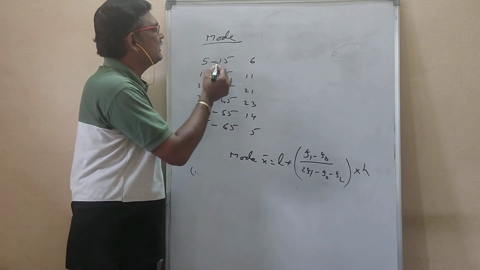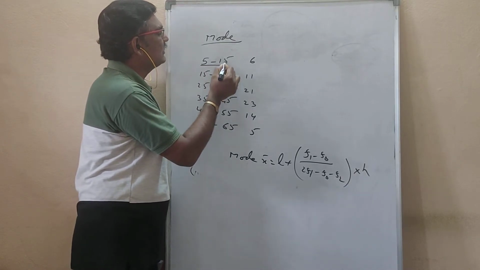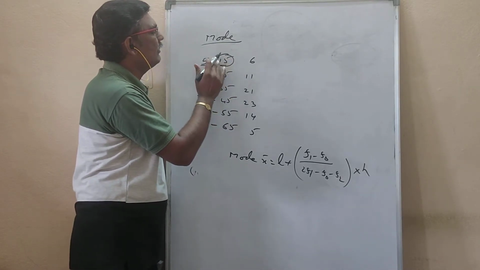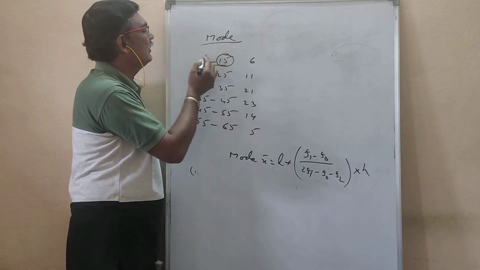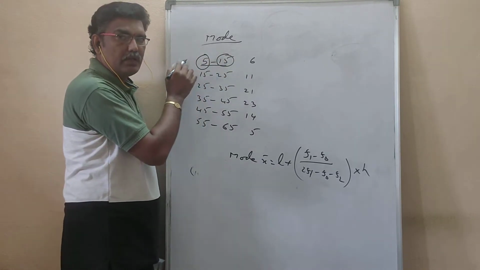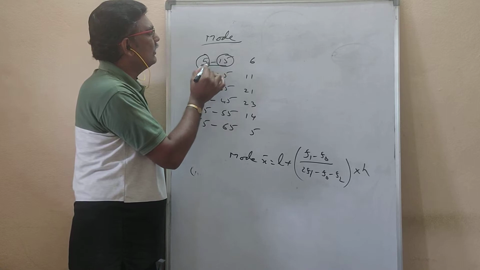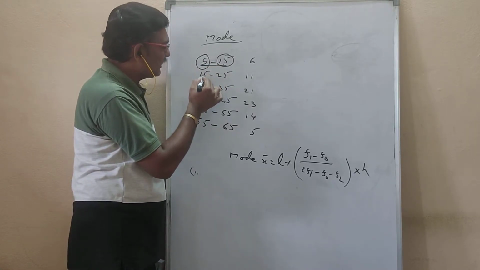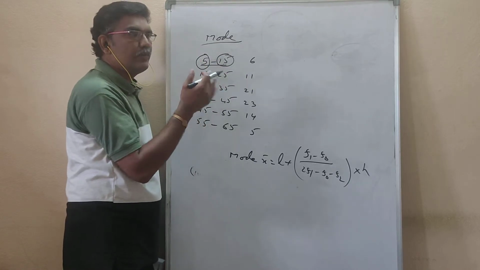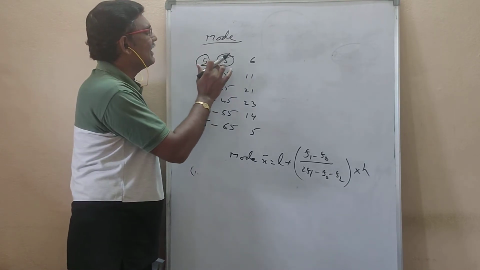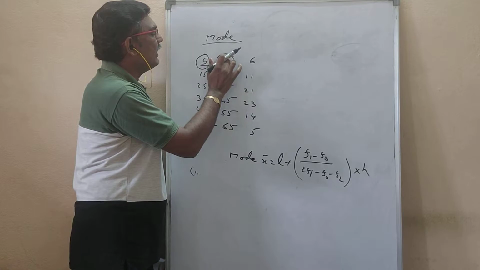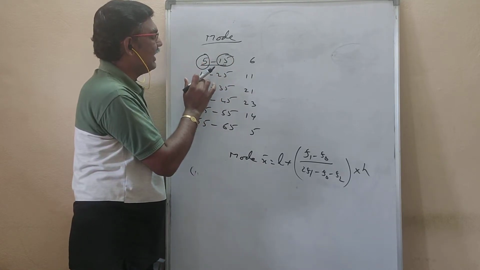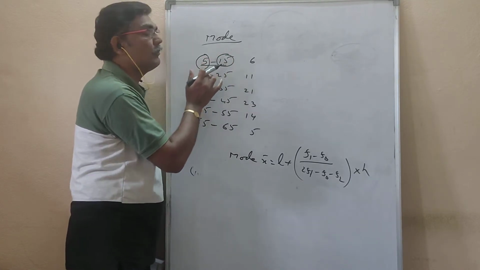Here it is class; this is the upper boundary or upper limit, this is the lower boundary or lower limit. For 5 to 15, if the next one started from 16, limits and boundaries would be different. But in this class the upper limit and in this class the lower limit are the same.